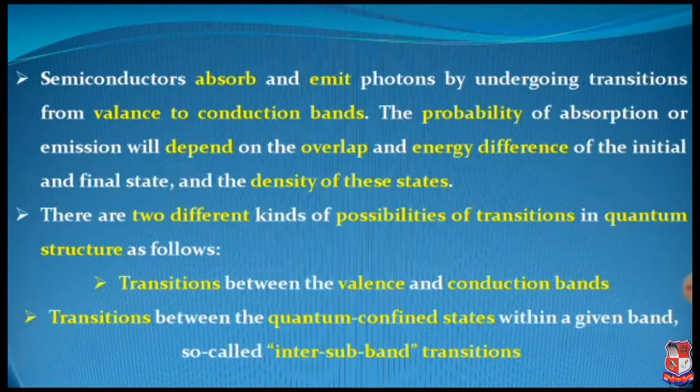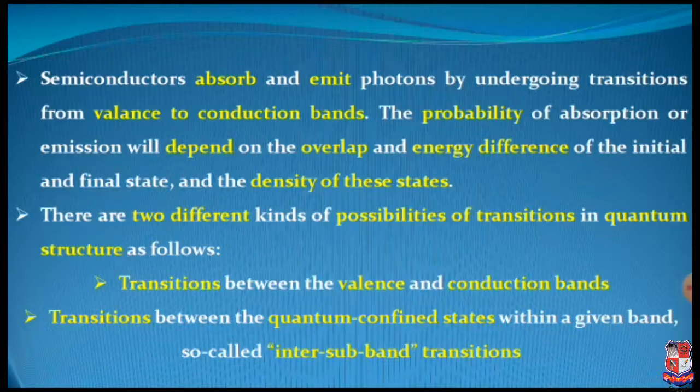Number one is the overlap, and number two is the energy difference, that is the band gap. To consider these two parameters, there are two different kinds of possible transitions in a quantum structure.